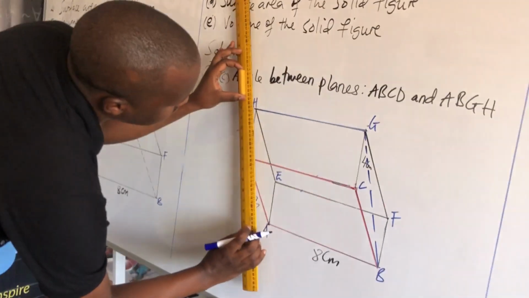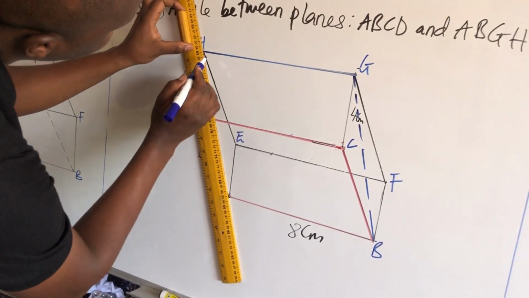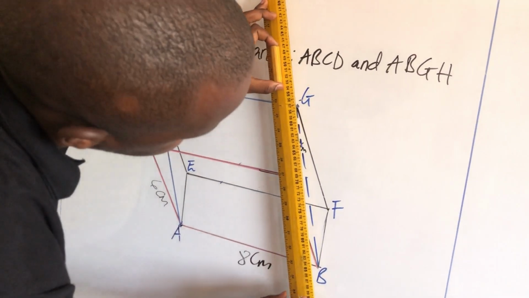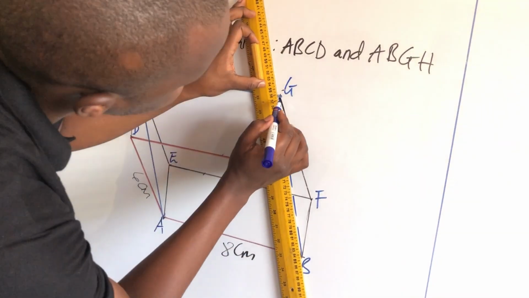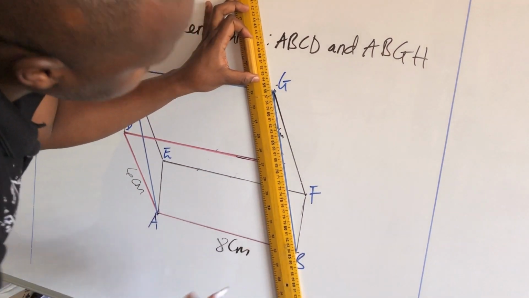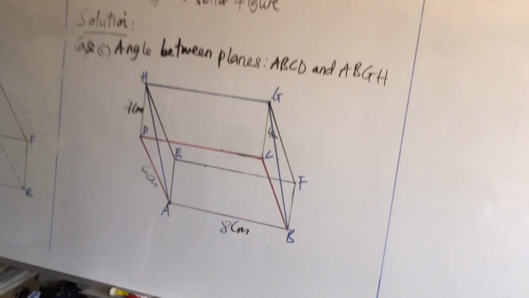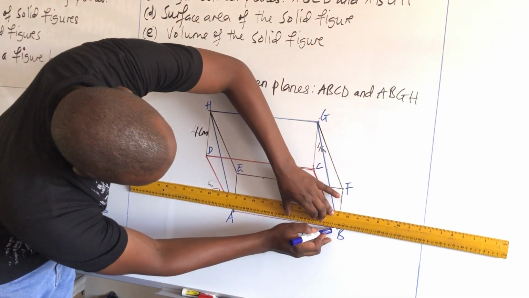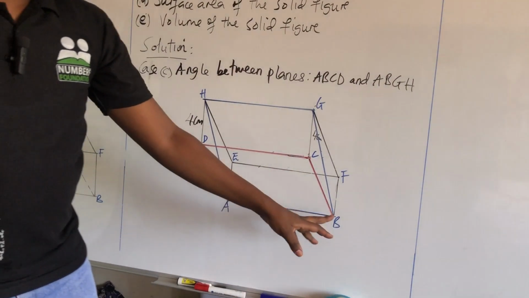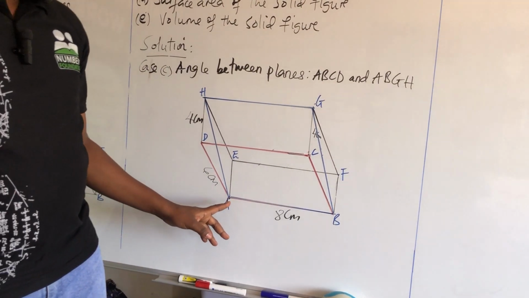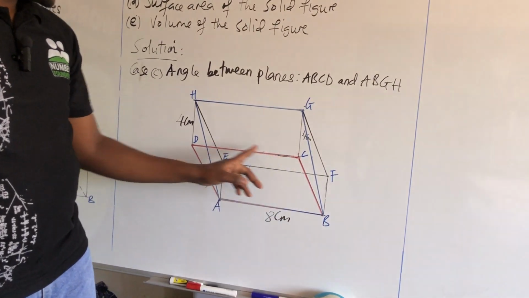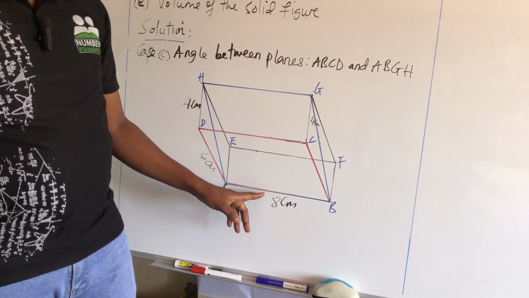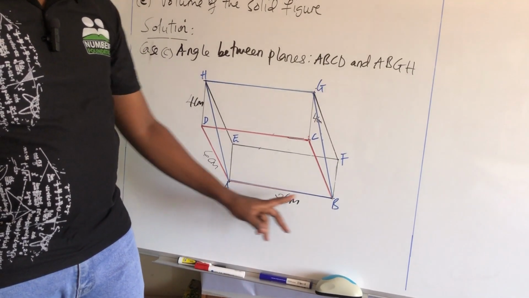Then coming back to HA, just use even the solid line. It's not necessary to use dotted, but you can use dotted lines. As you can see in the diagrams, blue in color is ABGH, and red in color is ABCD. So you can observe where the 2 colors, red and blue, intersect; that is where the line of intersection is.